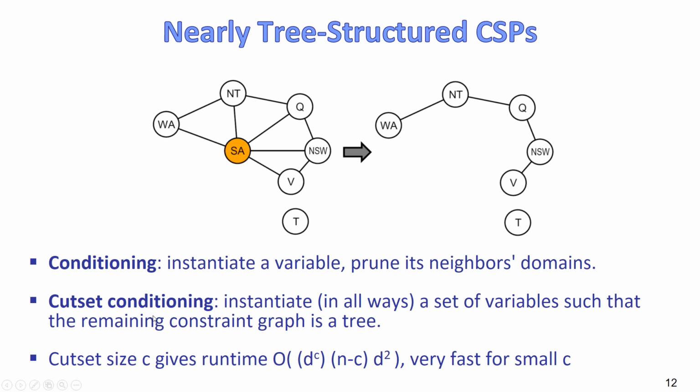What is a cut-set node? The cut-set, or set of nodes, are the nodes that if we remove from the graph, then the graph will be a tree structure, or in other words, it will not have loops.